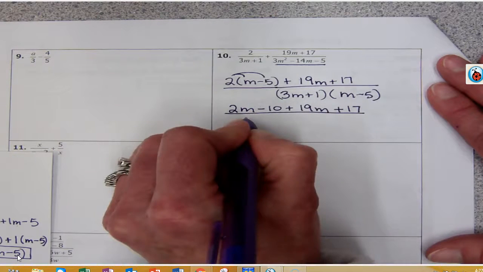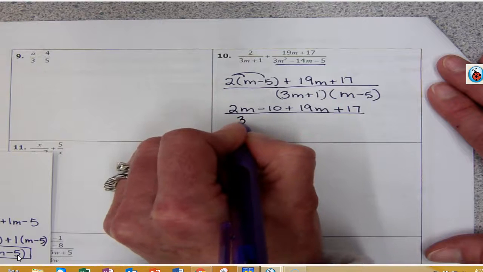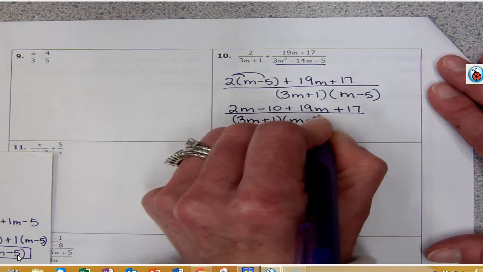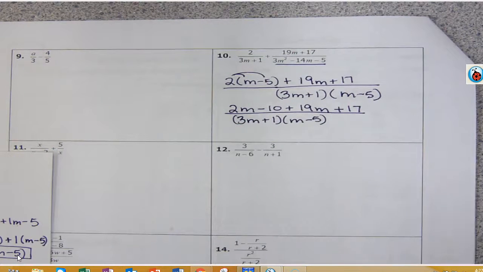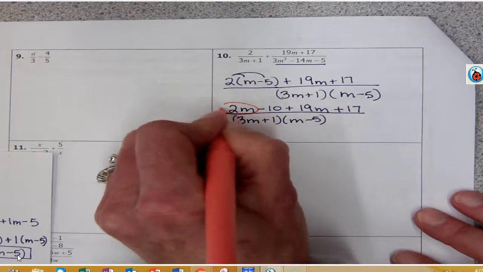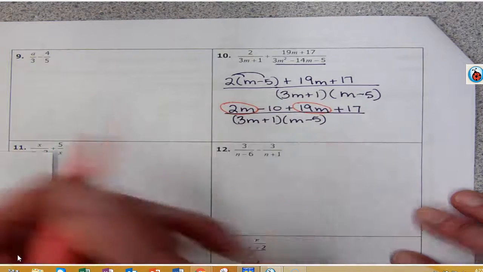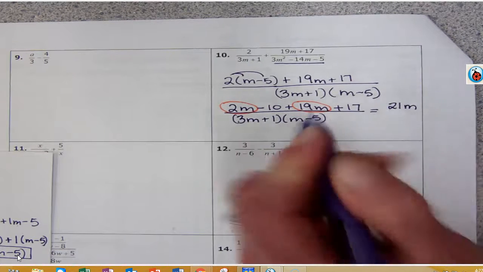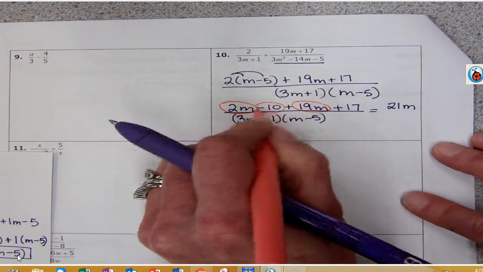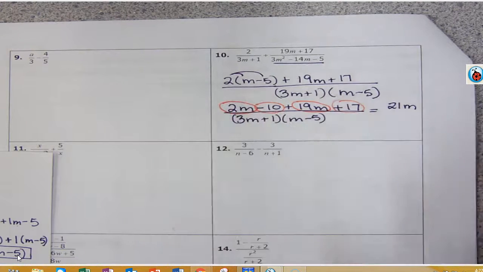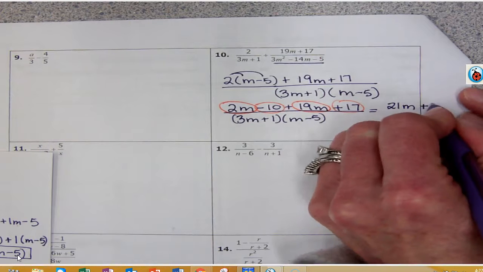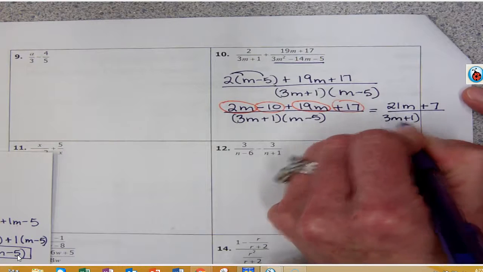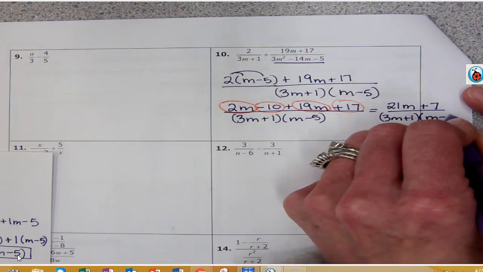If I was subtracting, I'd need to remember to distribute my negative. 3m plus 1 times m minus 5. Now I'm going to combine my like terms, which is my m values, and I'm going to get 21m and these two, which is going to be plus 7 all over 3m plus 1 times m minus 5.